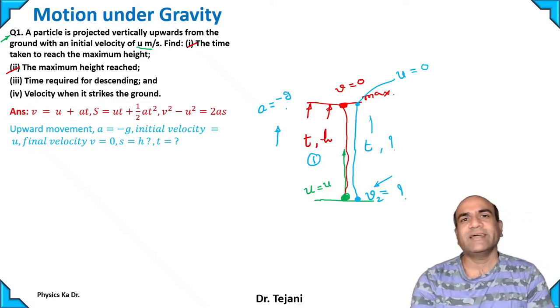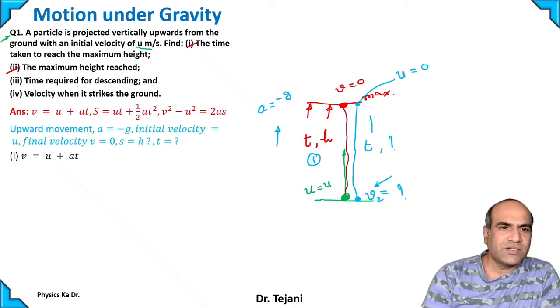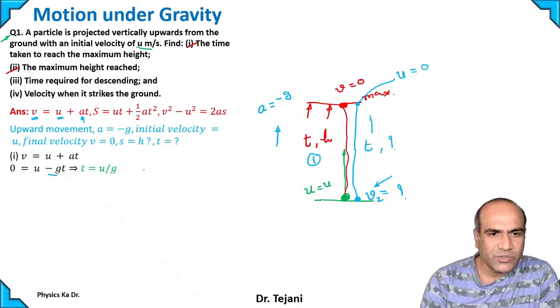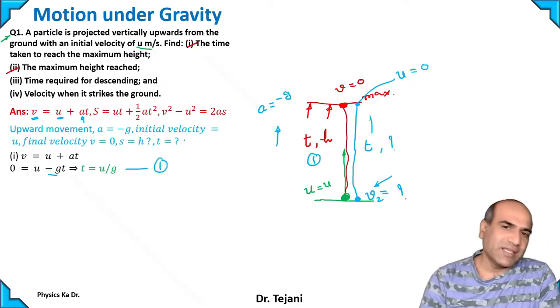We have to consider minus g for the upward movement. Let us find t first. Final velocity is 0, initial is u, acceleration is minus g. Putting in minus g, t is equal to u by g. So this is our first solution: t is equal to u by g.